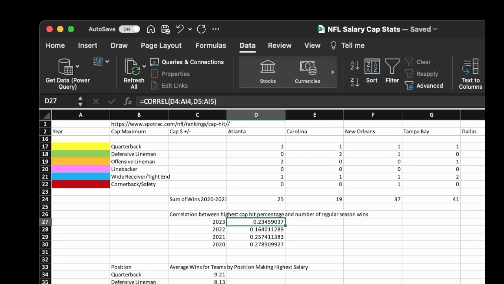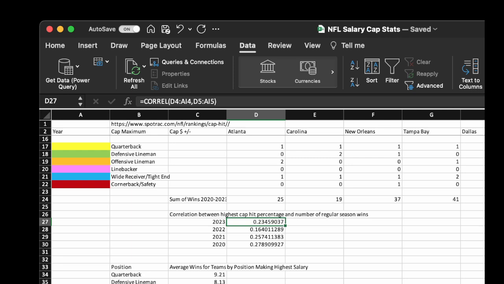You could say, well, if this one player is just so great that he makes a really high percentage of the team, then that team should win because that player is so great. However, you could also argue the other way, that if that one player takes up too high a percentage, then the rest of the players, or the depth of the team, will suffer. So you could be constrained from the salary cap position.